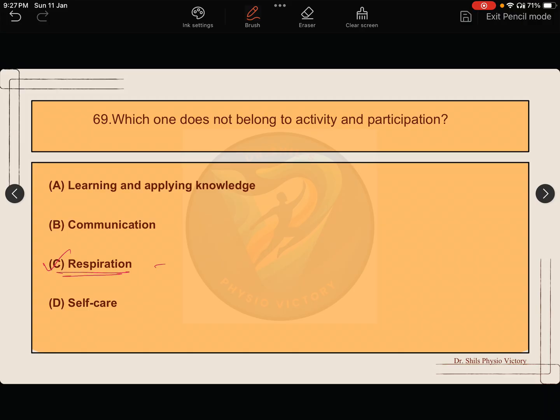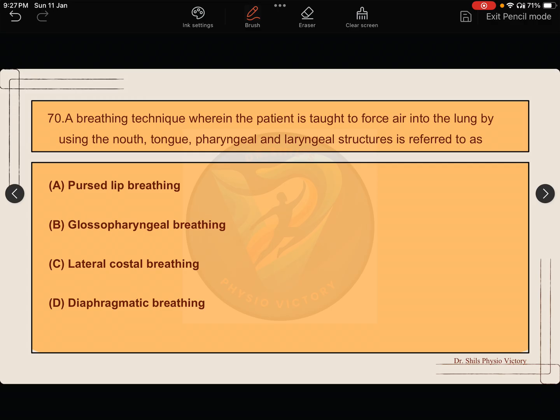Respiration is basically a body function. Other options are basically activity and participation.